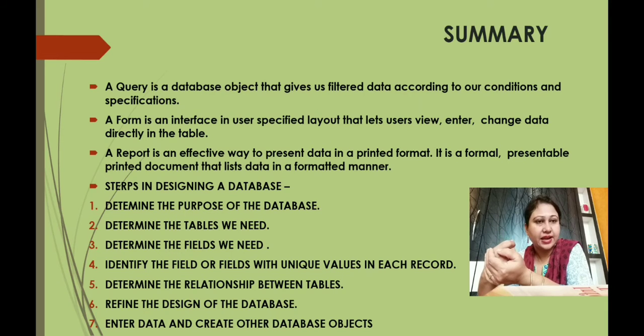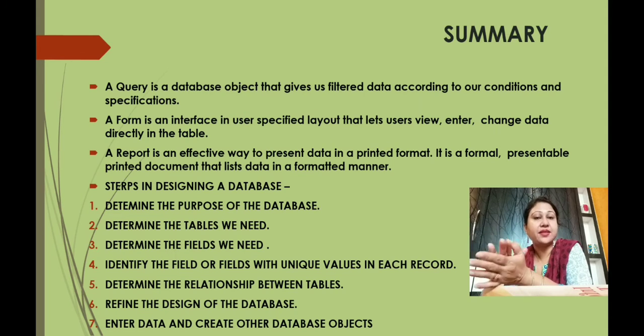Then lastly, we gathered knowledge about the different steps in designing a database. First of all, we have to determine the purpose for which we are creating the database. Then we should determine the tables we'll be needing in the database, and keep in mind the fields which we are going to include in the tables. Then we should identify the field or fields with unique values that we will take as a primary key, which will uniquely identify each record in the tables.